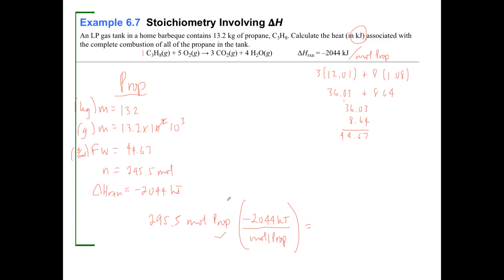Let me look at this. I got something wrong. 295.5 is going to give me, this just doesn't look right, minus 0.144569 kilojoules, right? So I've got that many moles.